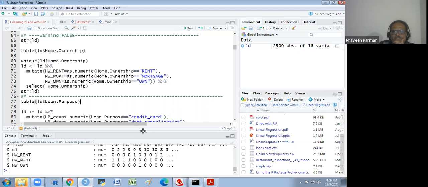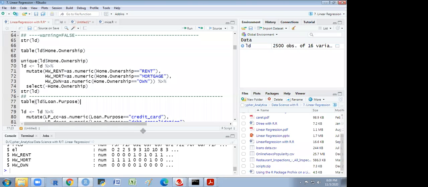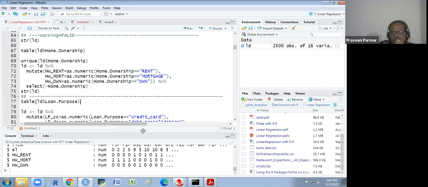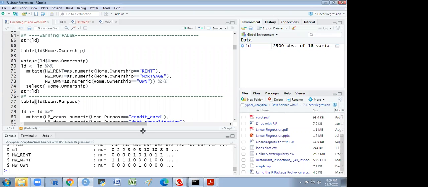Either we convert them into a dummy variable as a categorical form, or we take a mid value and convert them into numeric form. Numeric will provide you a better, more accurate model than converting them into a dummy variable.